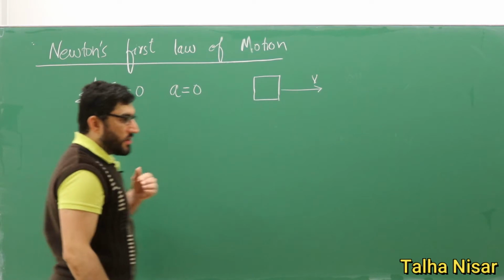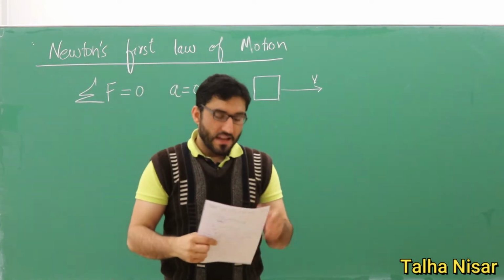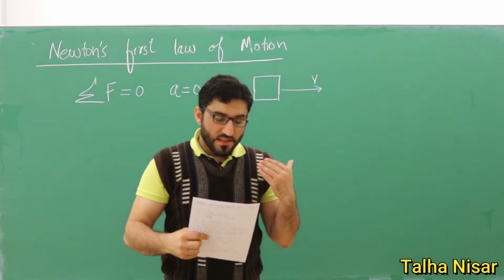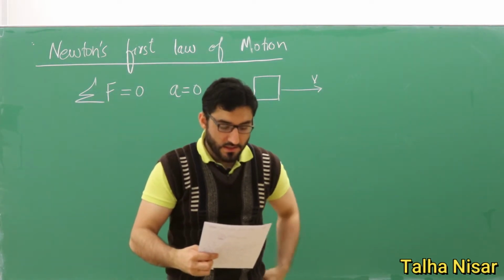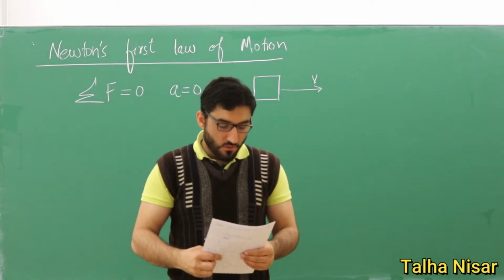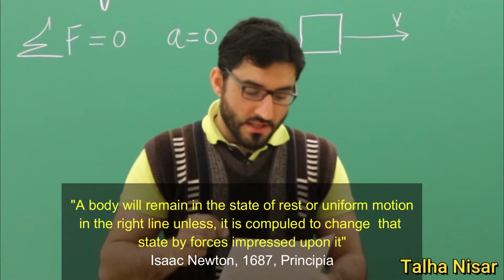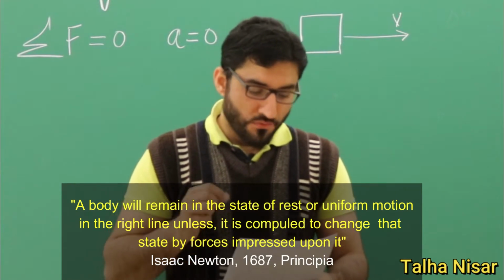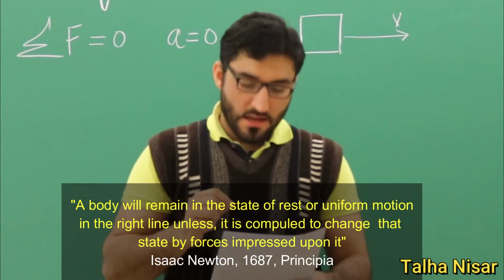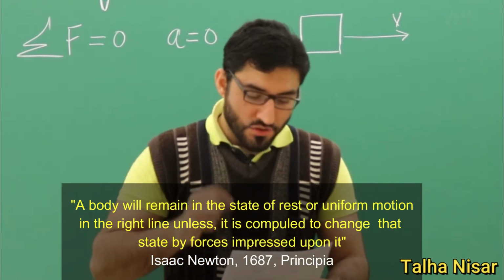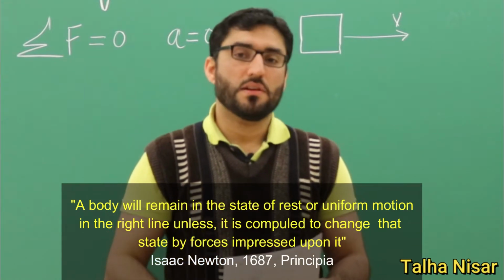Newton wrote a famous book called the Principia, and he stated this first law of motion. I will read what he wrote. Newton wrote in the Principia: a body will remain in the state of rest or uniform motion in a right line unless it is compelled to change that state by forces impressed upon it.